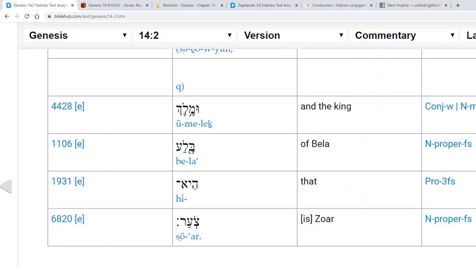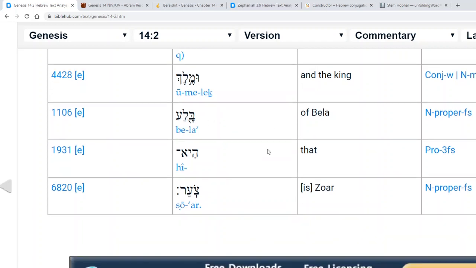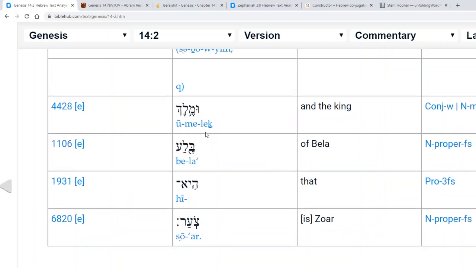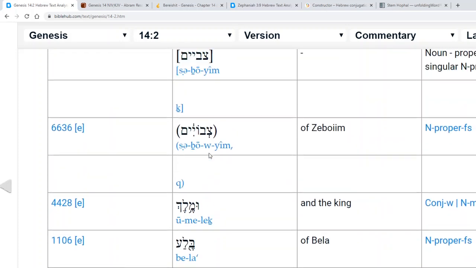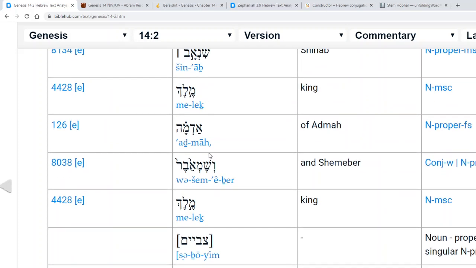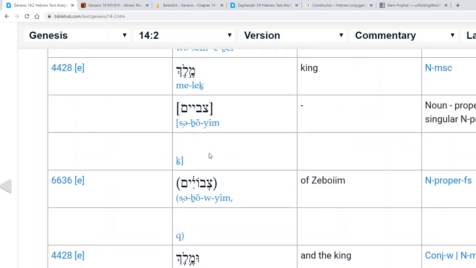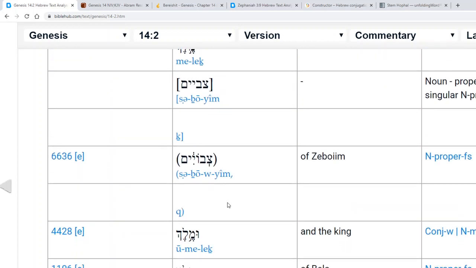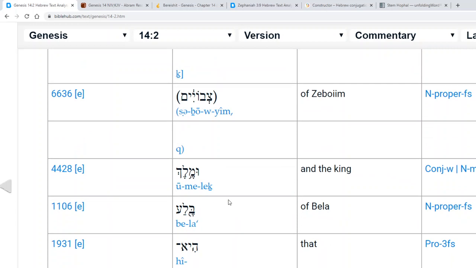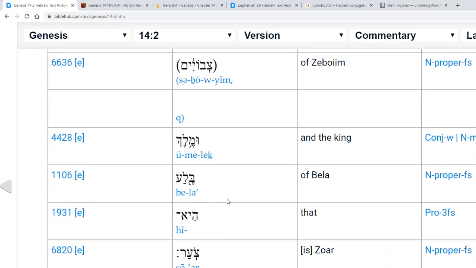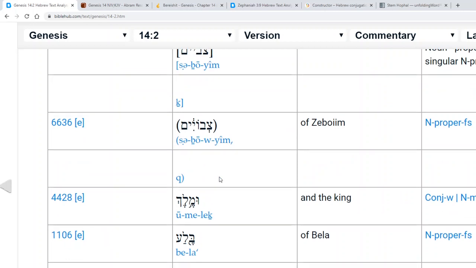Umelech, so conjunctive vav, melech means king, Bela, he Tzoar, and the king of. So I'm guessing, it's not clear to me if Shem Ever was the king of Tzivoim, and yeah, it seems like he was the king of both Bela and Tzivoim.